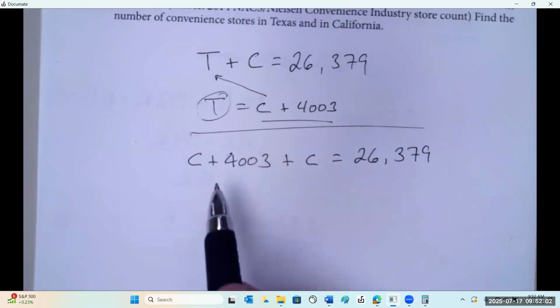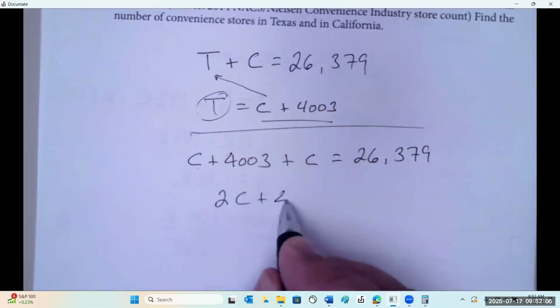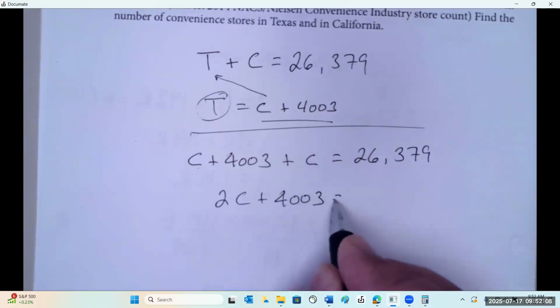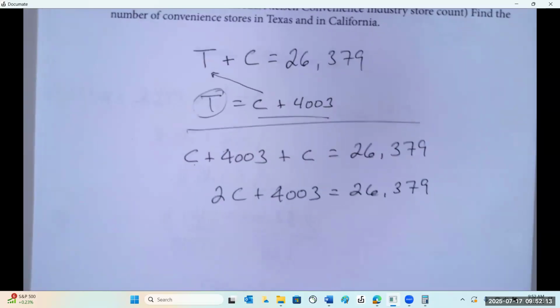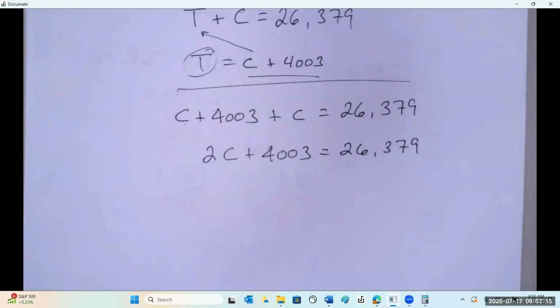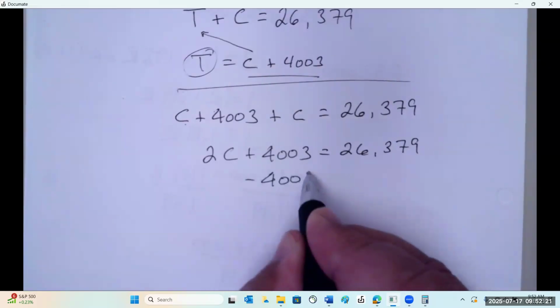Solve for C. C plus C is 2C, equals 26,379. Solving for C, so we get rid of the 4,003.